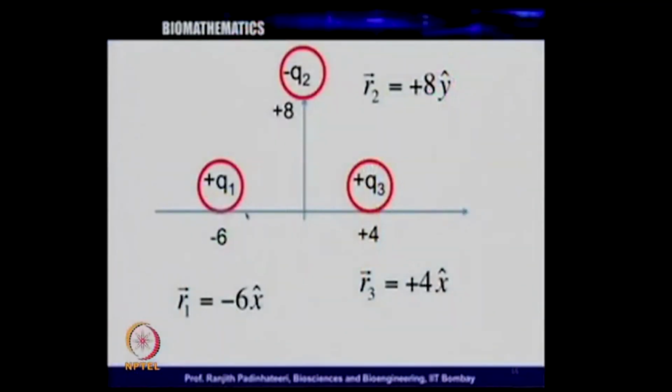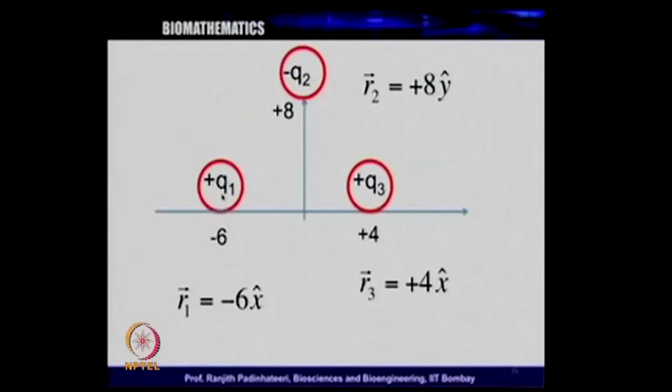To know about the distance, let us try and understand something more about this distance. Let us have a look at this particular slide. So, you have q1, q2 and q3.